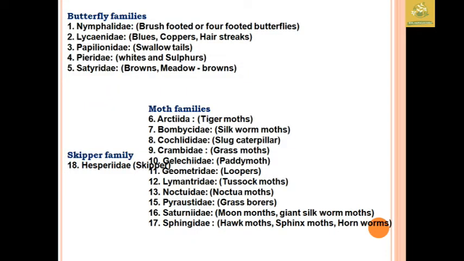And while seeing about the classification of families, we classify the families of the Lepidopteran order. The butterflies, we classify them as the butterfly family, moth family, as well as the skipper family. So there are around 18 family divisions present in the Lepidoptera order in our subject.